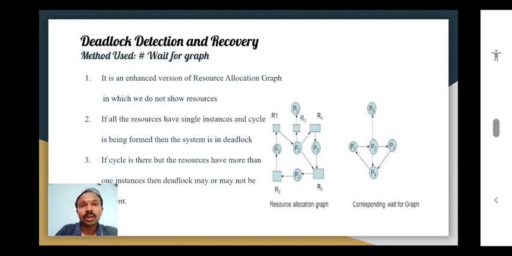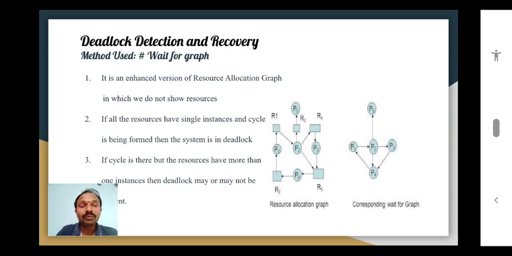Now in this wait for graph method, what we are doing basically is that we are not showing the resources. Means what will we show? We will show the processes' connection with each other only, because we are interested in watching which process is dependent on which process, so that if there is a cycle getting formed amongst the processes, it can be easily viewed.